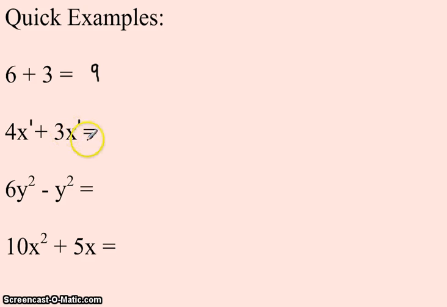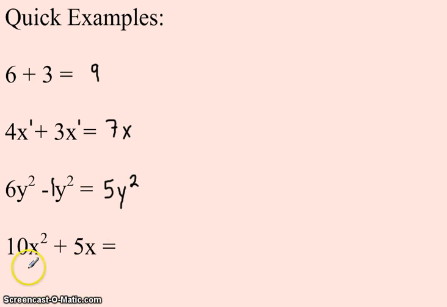So 4x's plus 3x's gives you 7x's. No problem. 6y squared minus y squared, well, it's really 1y squared. And it's the same variable y. It's the same power too, so we can combine these or subtract them. So 6y squared minus 1y squared gives us 5y squared.